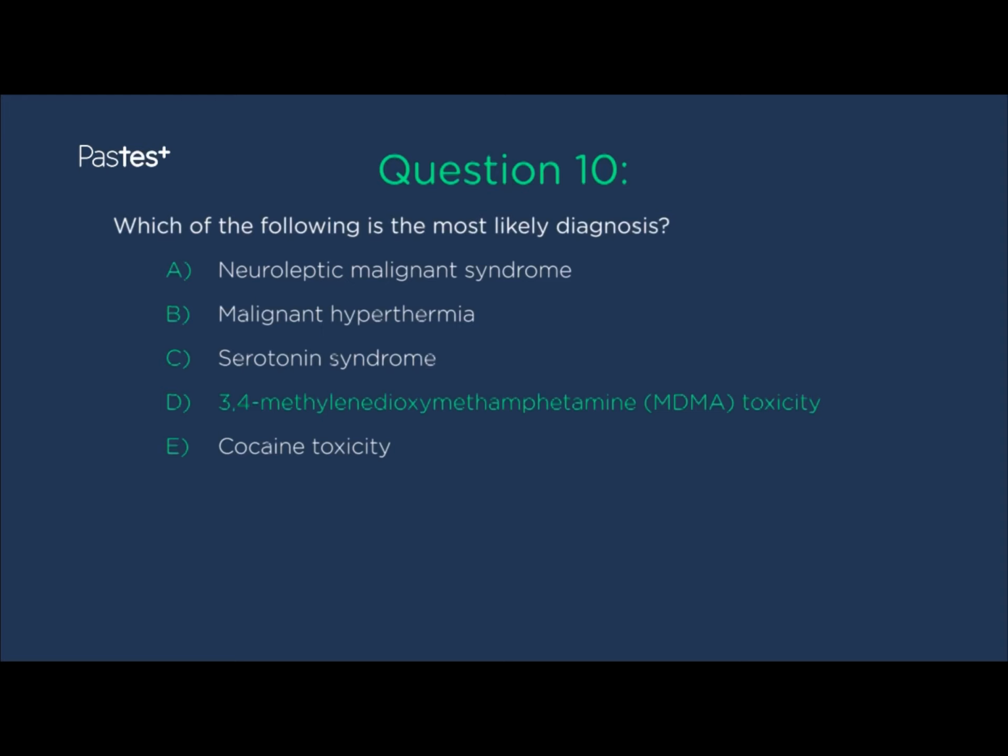So enough clues there. But in addition, they tell us that she has dilated pupils, she has hypertension, again pointing towards ecstasy. Further to that, they tell us she's got renal impairment, she has blood in her urine, and she has a rhabdomyolysis because her CK is elevated. All these point to ecstasy use.